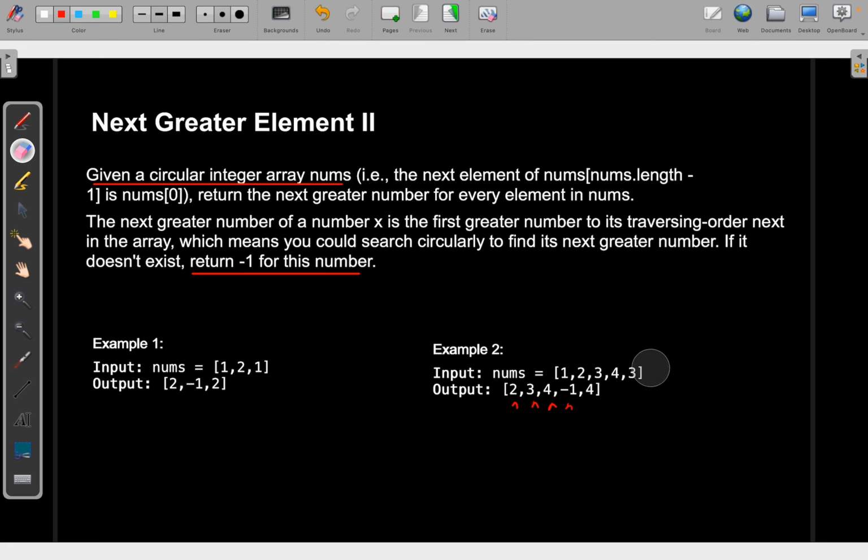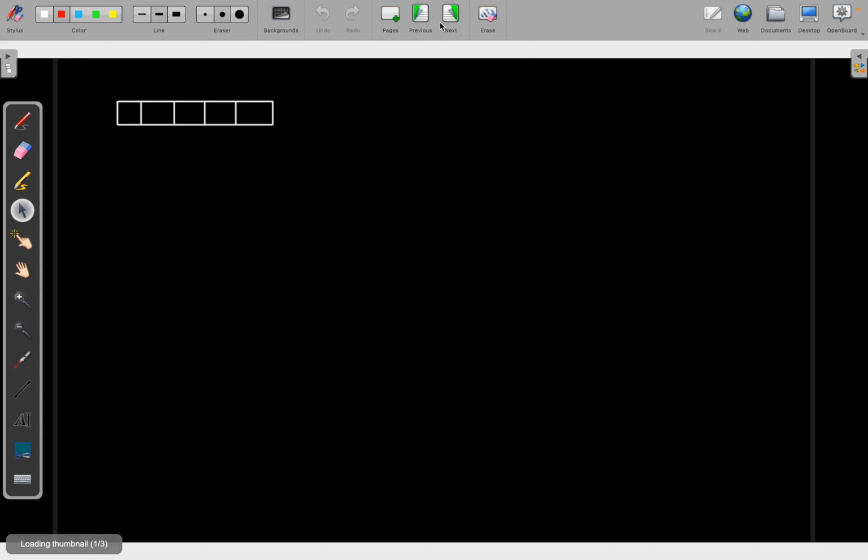Okay. And now let's see one by one how we will solve this problem. First of all, let me take a similar example, that we have 1, 2, 3, 4, 3, and let me quickly write the indexes 0, 1, 2, 3, 4.